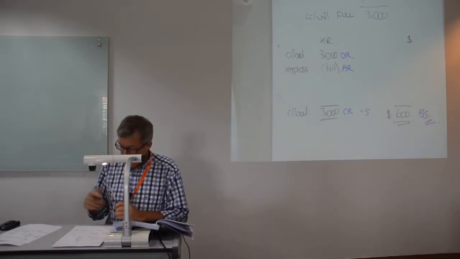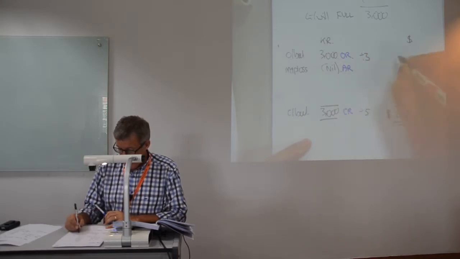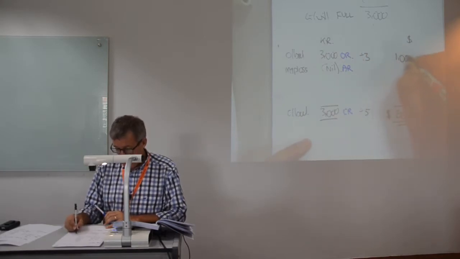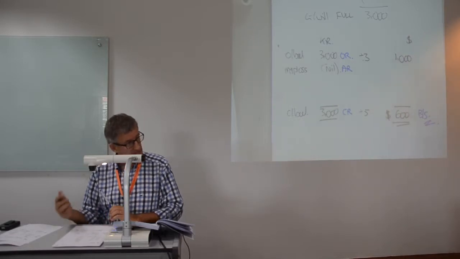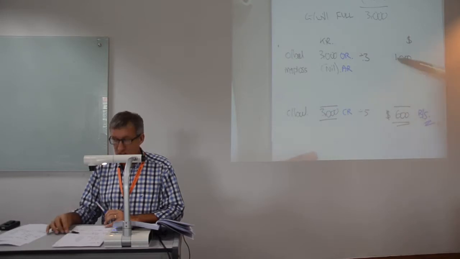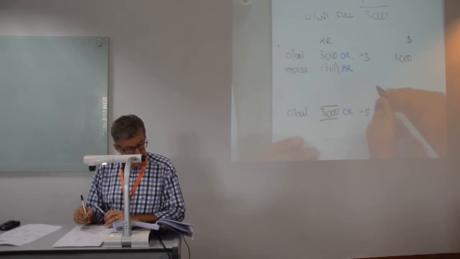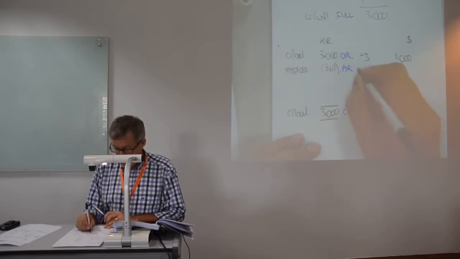But when you originally bought the company, you would have originally calculated the goodwill to be 3,000. Now, it's gone down. It's not gone down because of any impairment loss, because 0 divided by 4 is still 0.